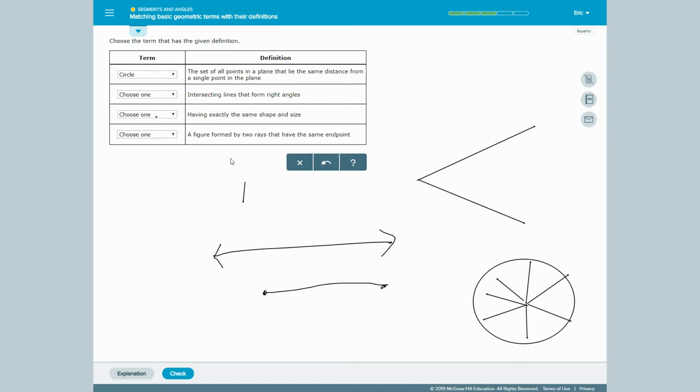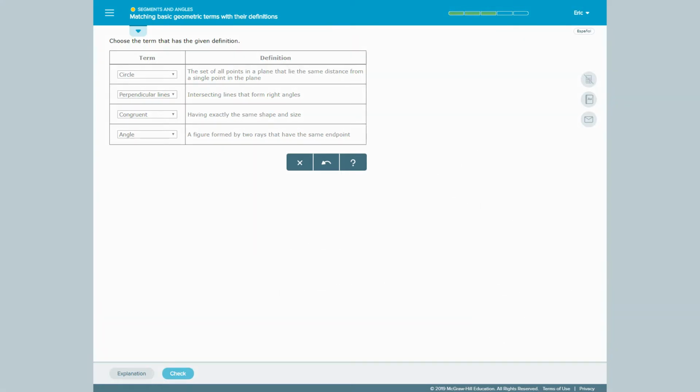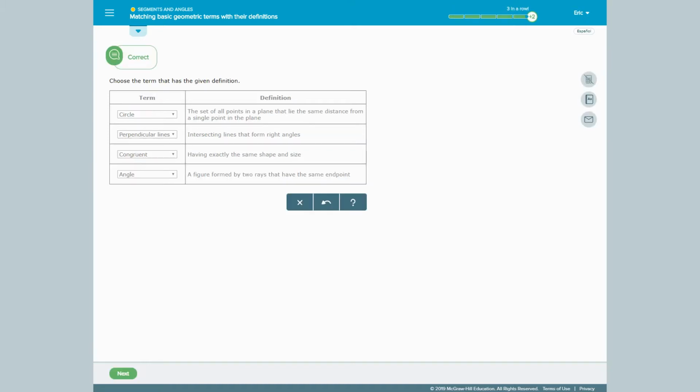So, using our definitions, the first one, circle. Intersecting lines that form a right angle, perpendicular. Same is congruent. And a figure formed by two rays having the same endpoint is just an angle. And so geometry, unlike algebra, or like algebra, is very, very definition heavy. Why?